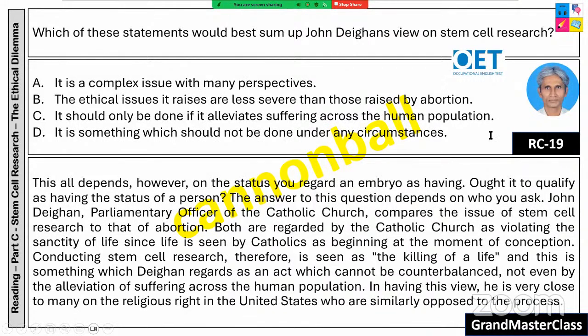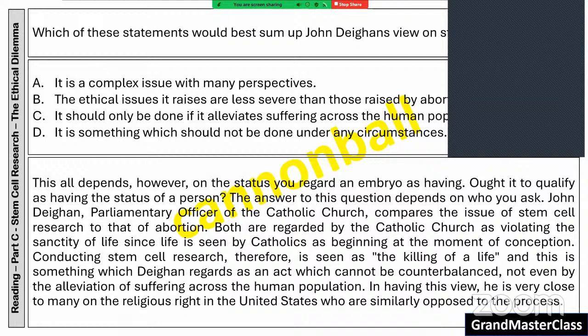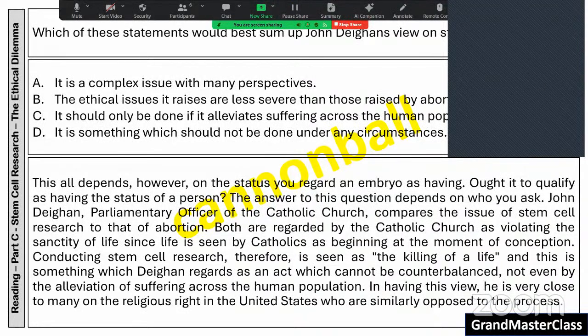Next question. Cannonball RC 19. 7, 6, 5, 4, 3, 2, 1.